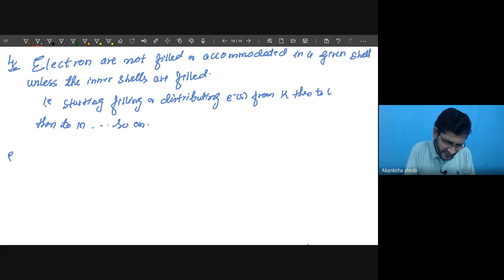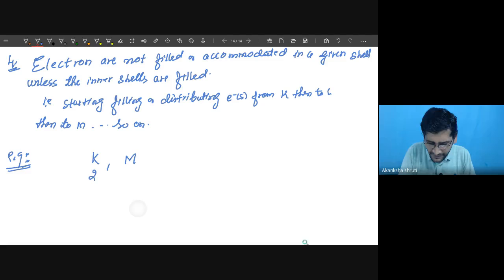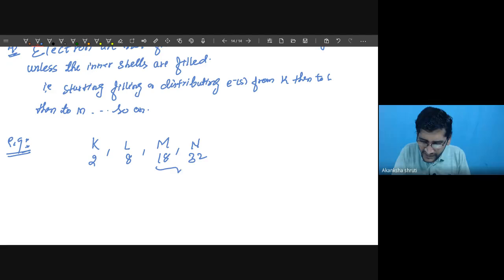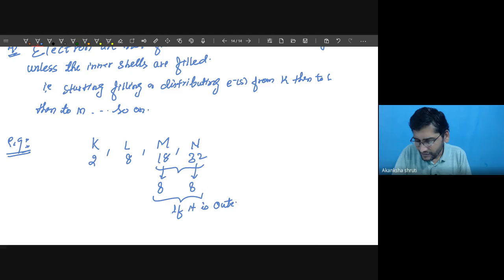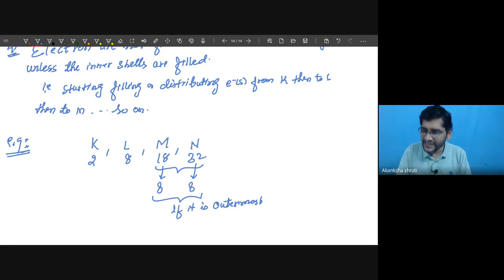With this, consider an example. Here we have learned that the K cell has a maximum capacity of 2, L has a maximum capacity of 8, then M has 18, and N has 32.